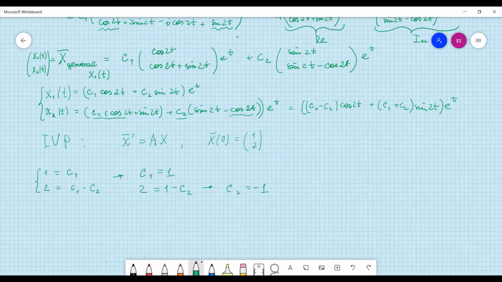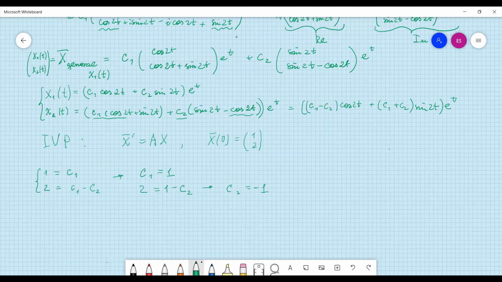If we subtract -1, we add 1 and we get 2. So we just solved the initial value problem. I'm going to write down our solution and say a few words about the alternative way of solving this system of equations if you don't want to worry about the real and imaginary part of your eigenvector.